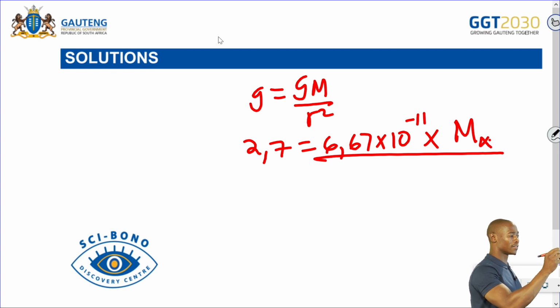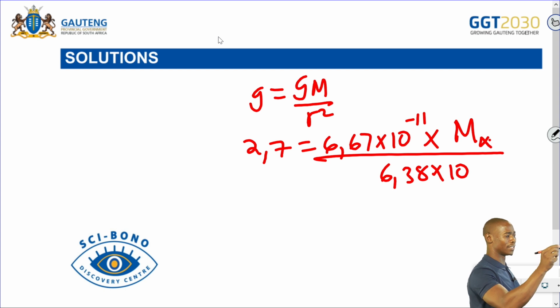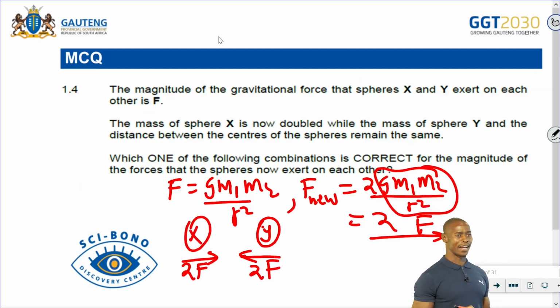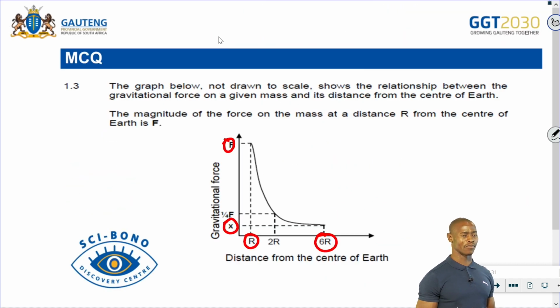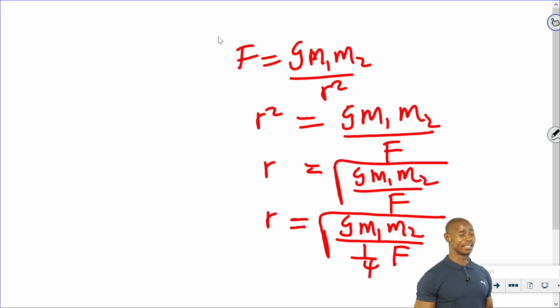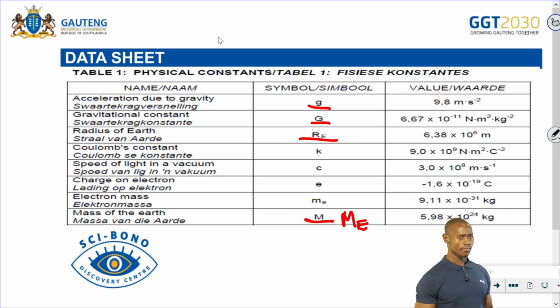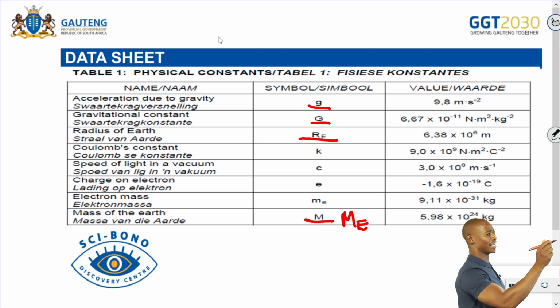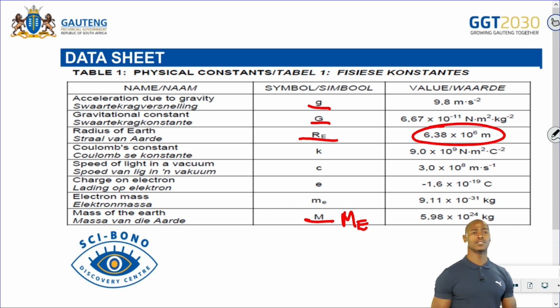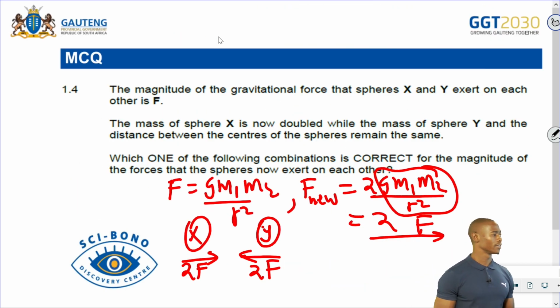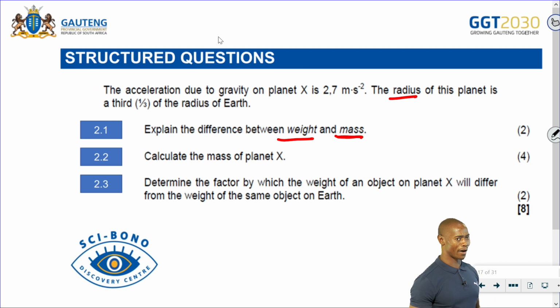According to our data sheet, the radius of planet Earth is 6.38 times 10 to the power 6.